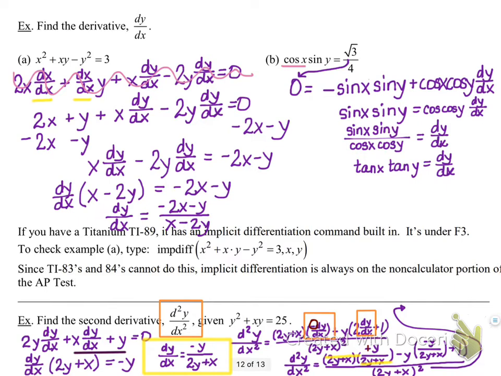There should be a 2 right here. I just did some very creative math. Sorry about that. Fixing it now. We get y minus 2y squared over 2y plus x plus y.